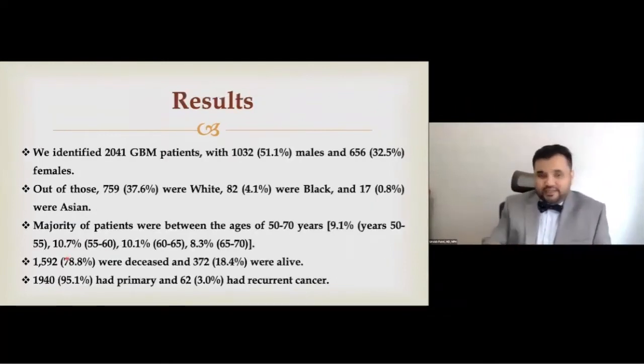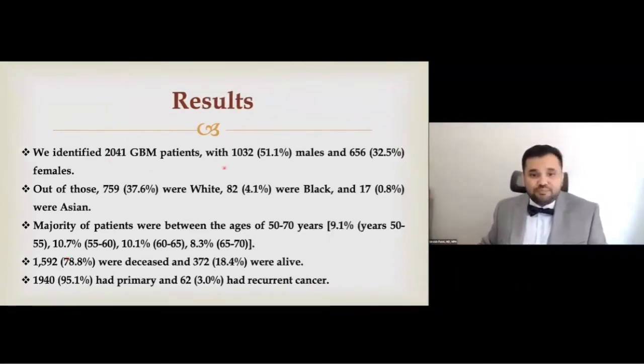In our patients, a total of 2041 GBM patients were there, of which 1032, 51%, were male and 32.5% were female. Of those, 37.6% were white ethnicity, 4.1% were black, and 0.8% were Asian.